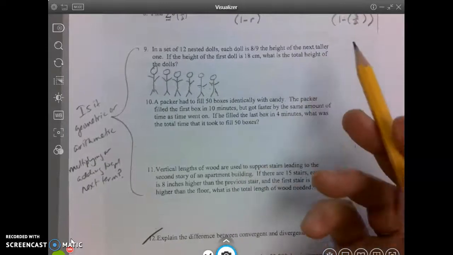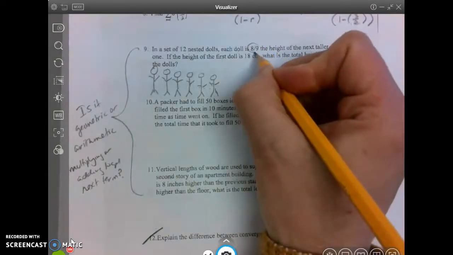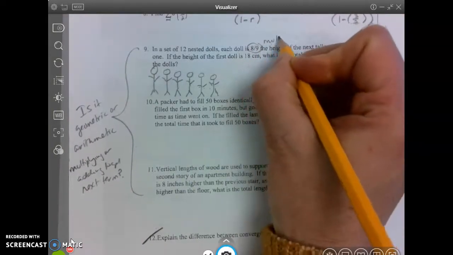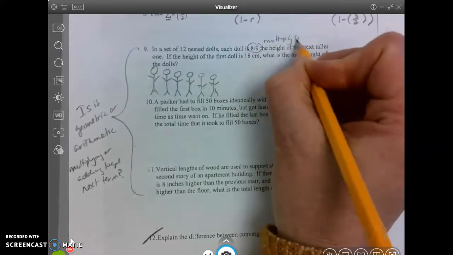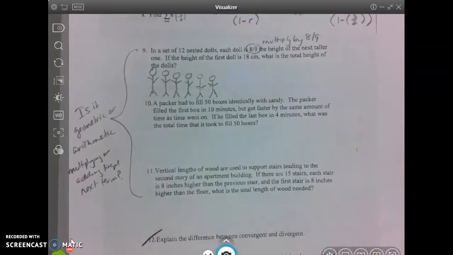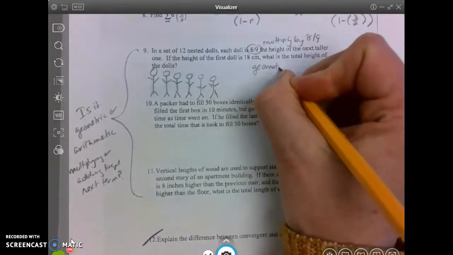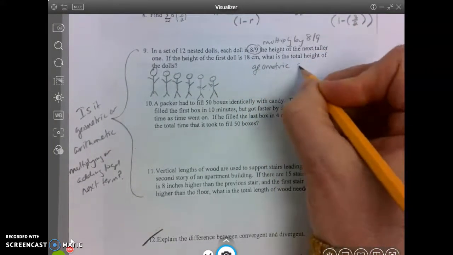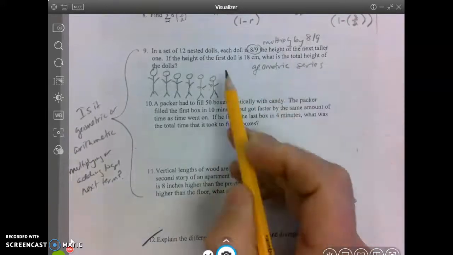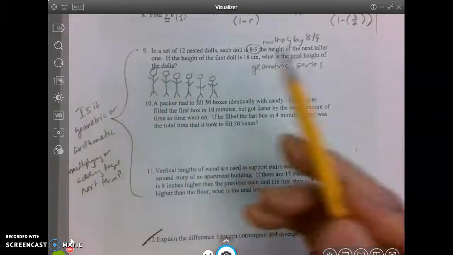It doesn't say 8/9 of a centimeter less, but 8/9 the size, which means multiply by 8/9, which is why the dolls are getting smaller, because the number you're multiplying by is less than 1. So we know that this is geometric, and we know that it's a series because we want to know the total height of the dolls.